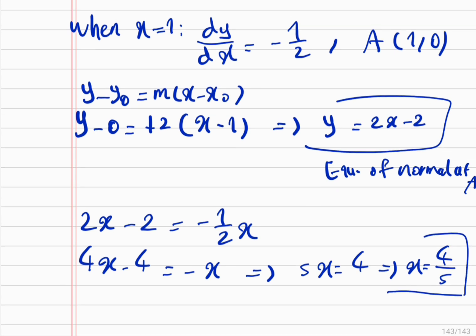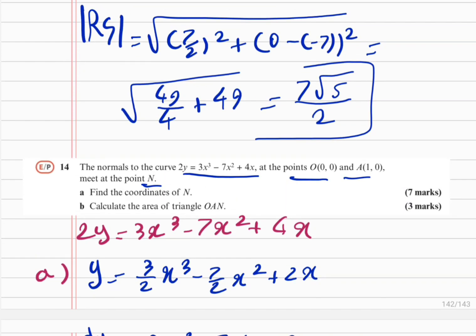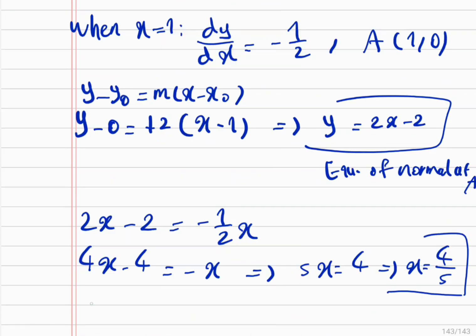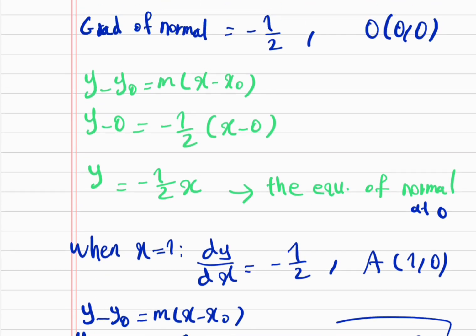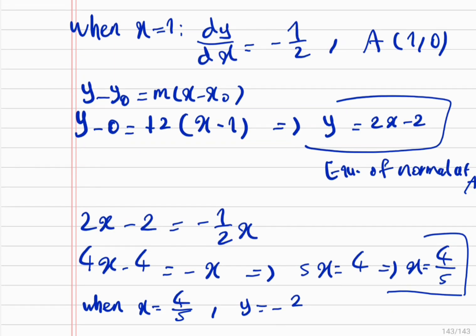To find its y coordinate, we substitute into the equation of either normal, because this point is on both of the normals, so it doesn't matter.